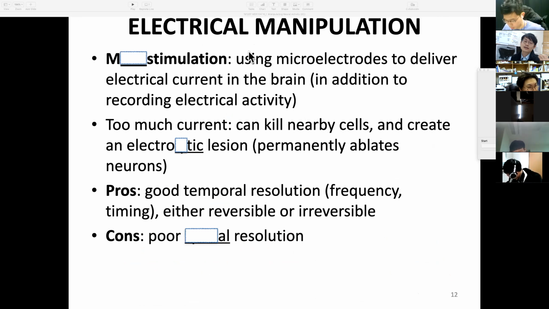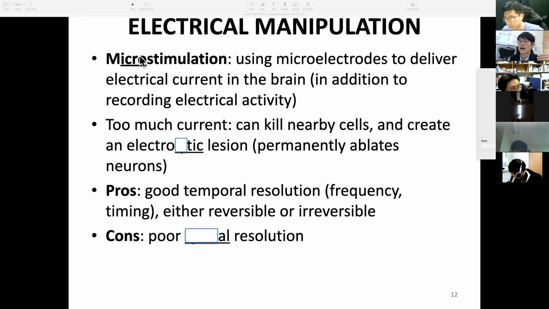And let's talk about electrical manipulation. I would say currently the most relevant for human neuromodulation is still using electricity, okay? Especially using microelectrodes to deliver electrical current in the brain. Not only recording electrical activity, which is cool, you use electrical recording and also use the electrode to actually send currents to stimulate.